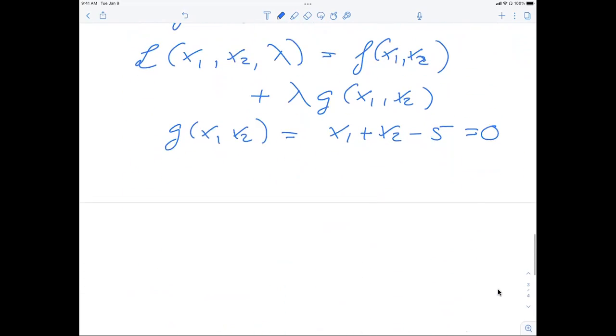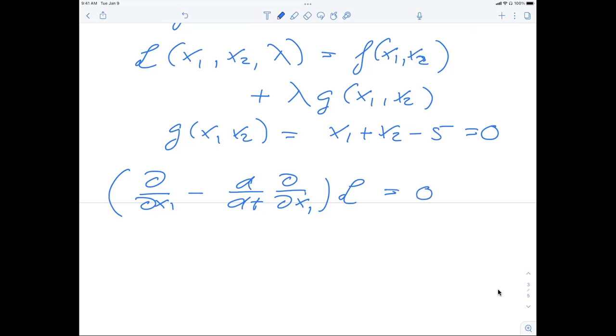Now, instead, we are going to use the Lagrangian equations. So we take the derivative d dx1 minus d dt. There is no time here, by the way. And you will also see that there is no derivative with respect to x1 dot. Then we act on this with L, and we want this one to be 0.